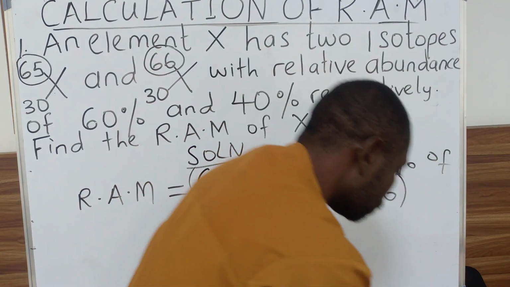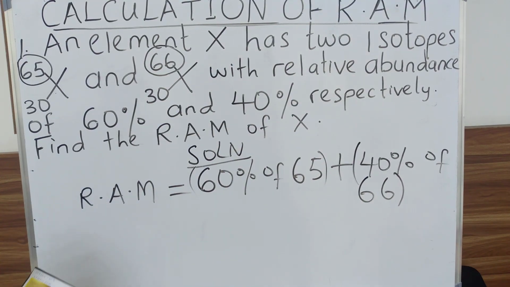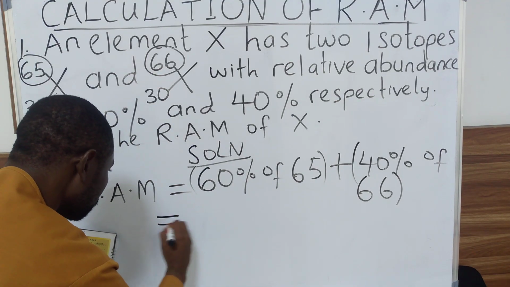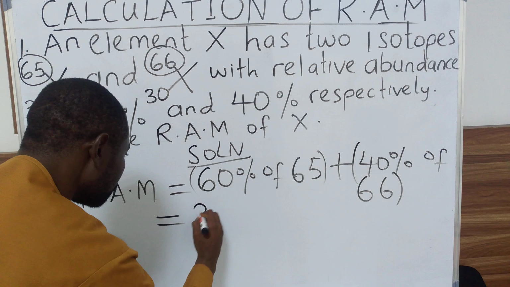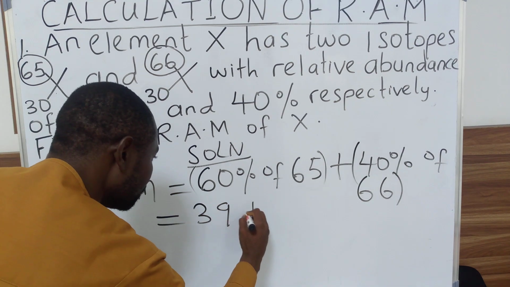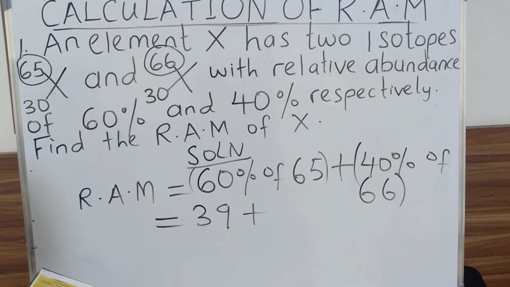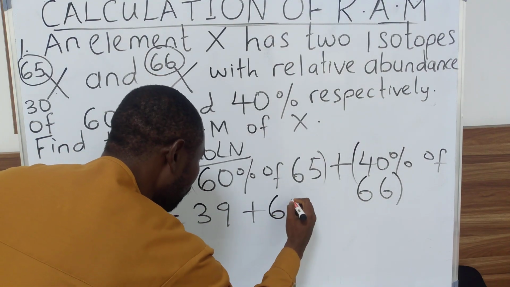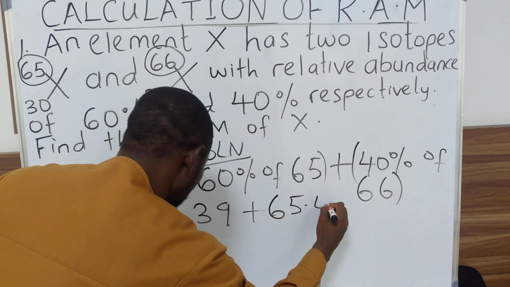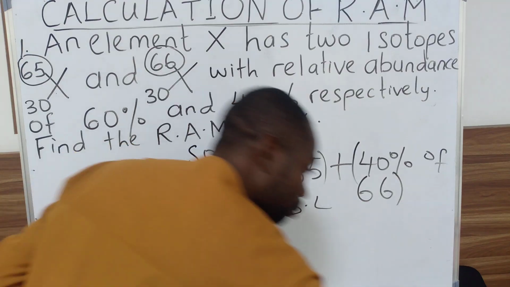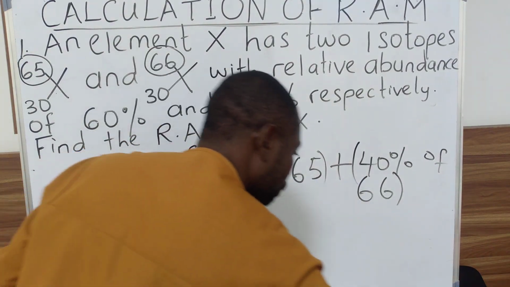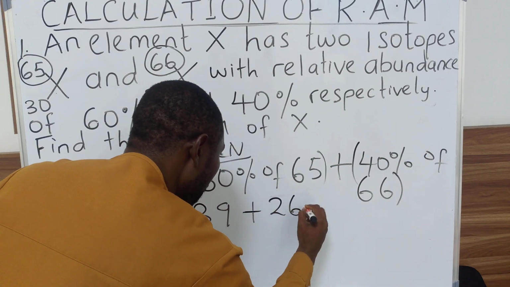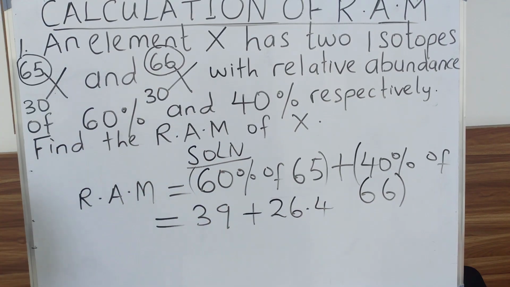Okay? So when we do it properly, 60% of 65 is going to give us 39. 40% of 66 is going to give us 26.4.